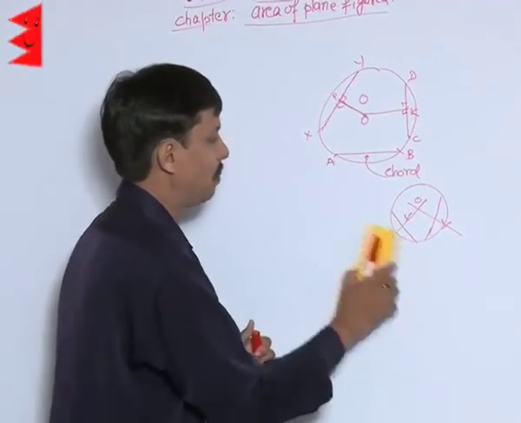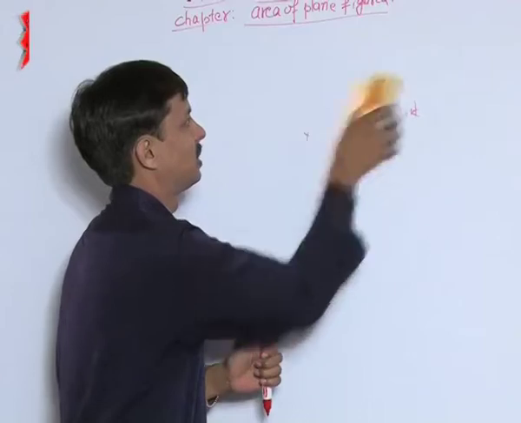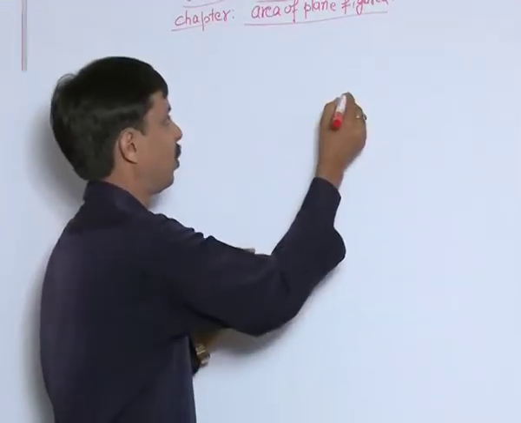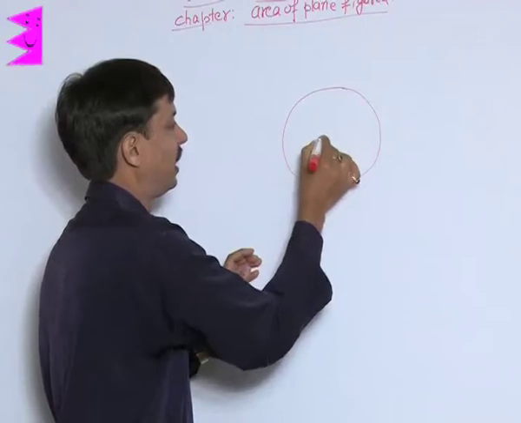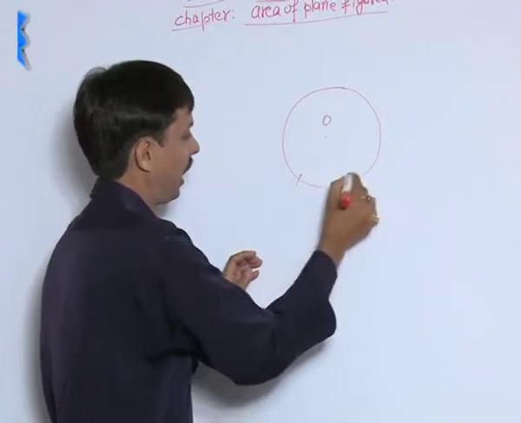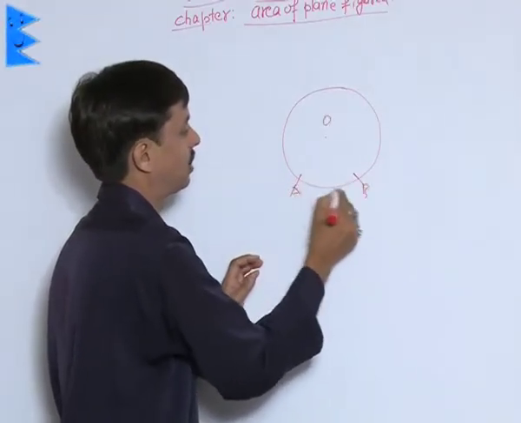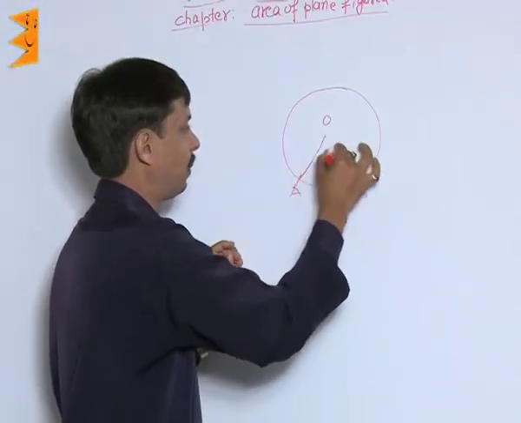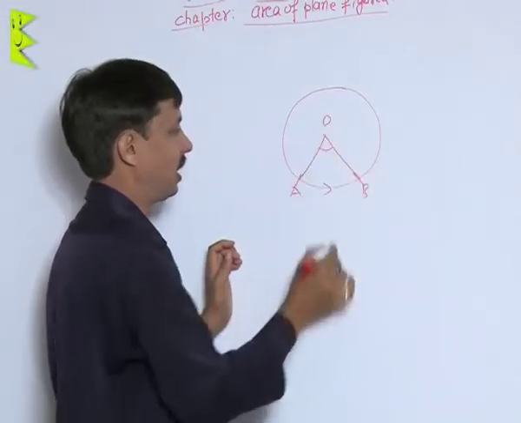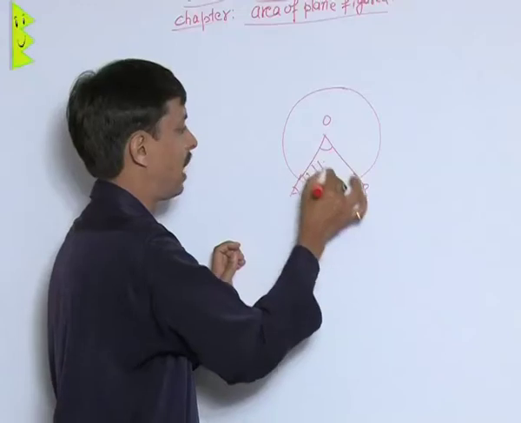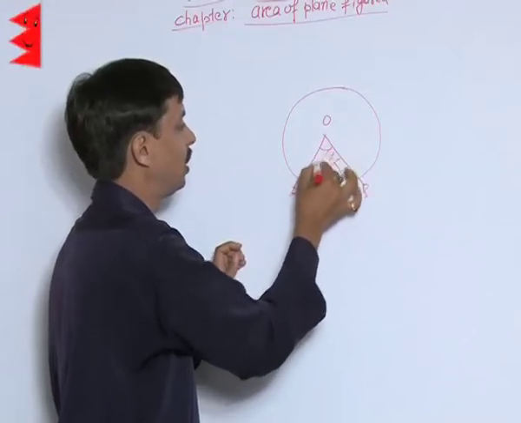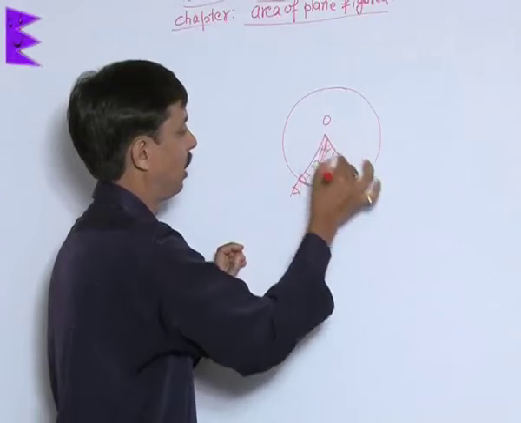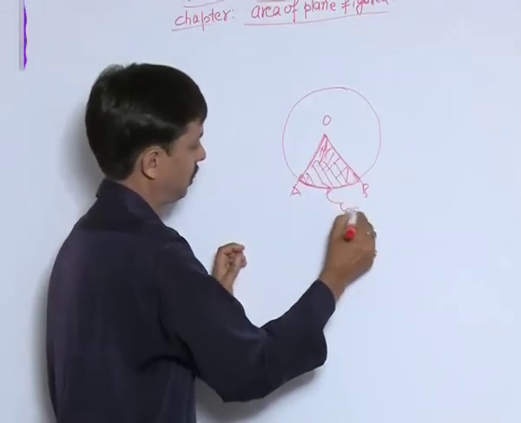Now the major thing is, what is a sector? Suppose I have a circle, you have the center, and the circle has an arc, suppose AB. When you join the end points of the arc to the center, then whatever part is enclosed between the two bounding radii and the arc is known as a sector.